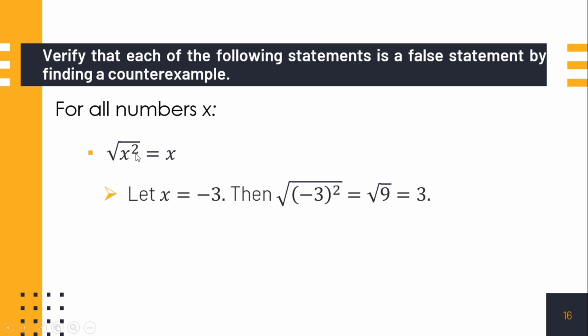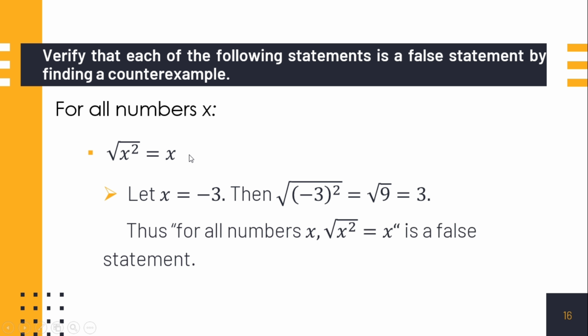Our x here is negative 3, and 3 is not equal to negative 3. So therefore, the statement that for all numbers x the square root of x squared is equal to x is a false statement. So that is how to find a counterexample. Okay?